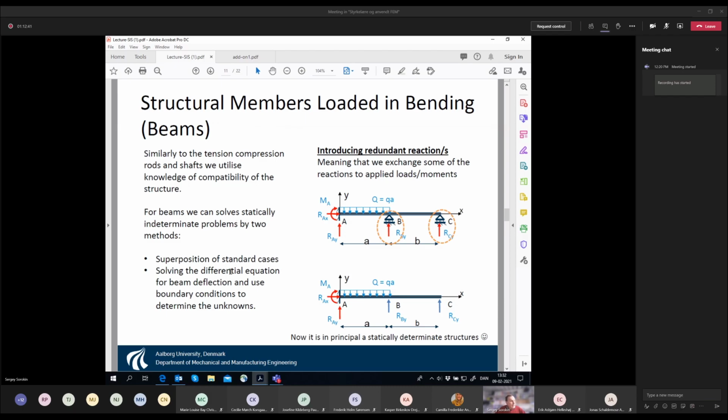There are two methods, and historically, it's fair to begin with the second one: solving a differential equation for the deflections of the beam and using boundary conditions. This is how it all started. But as soon as you have these solutions of differential equations available, you compose a table with answers already available. Because if you solve these differential equations once, you can use the solution as many times as you like.